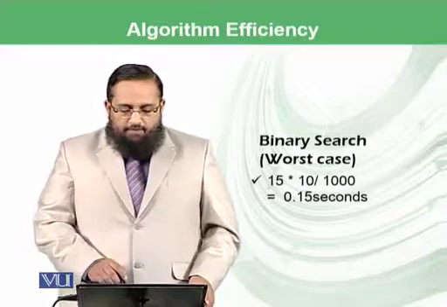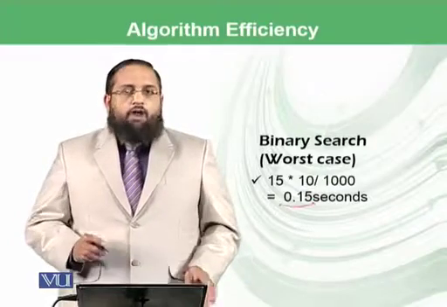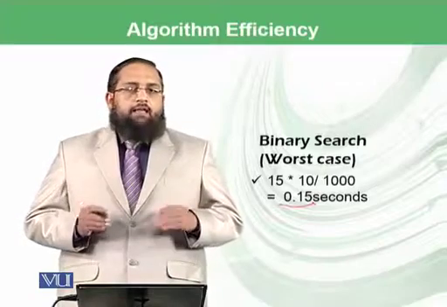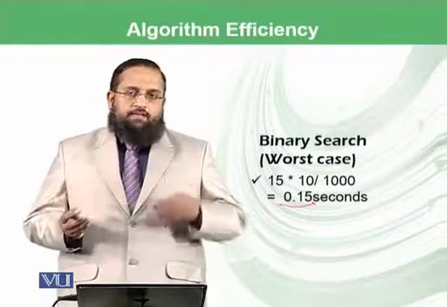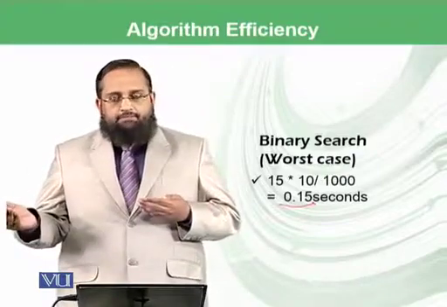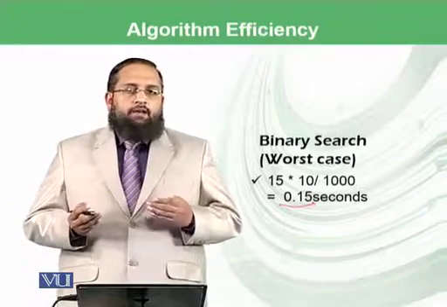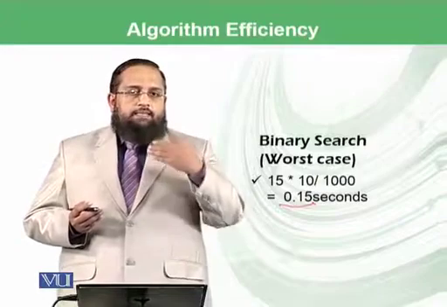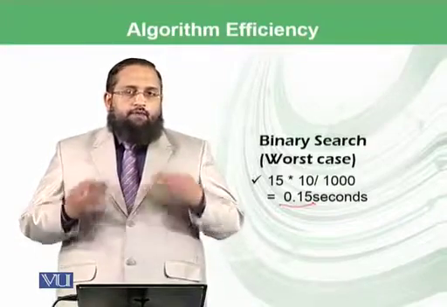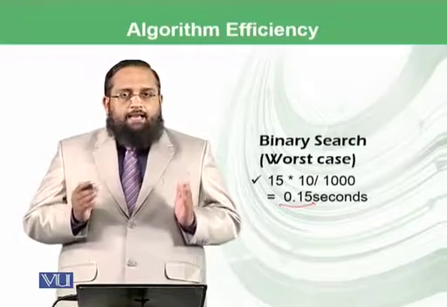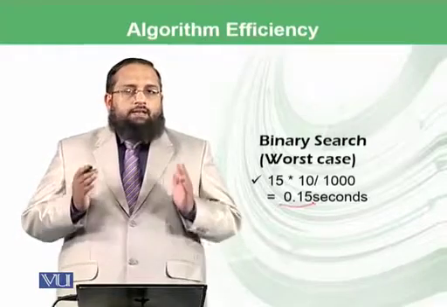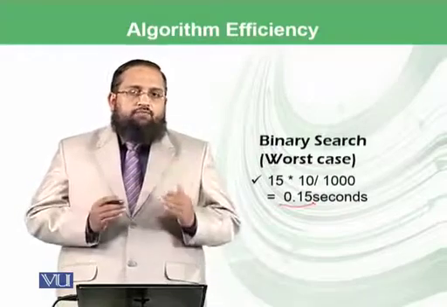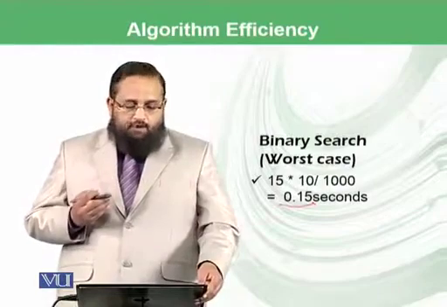And in 15 iterations, the required time would be 0.15 seconds to search a student lying at any place of the list, whether at the start or at the end. This will be done in a fraction of a second, and the registrar will get the information instantaneously, which is very good. So selecting an algorithm that is efficient enough will ease the user, satisfy the user, and save time.